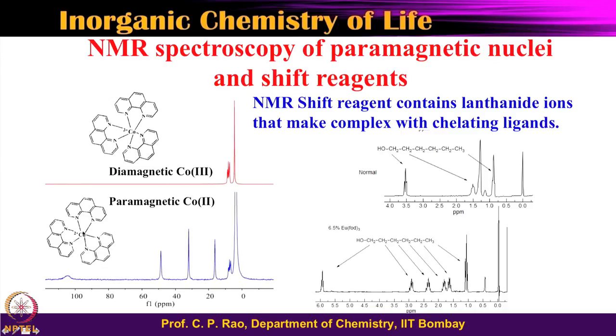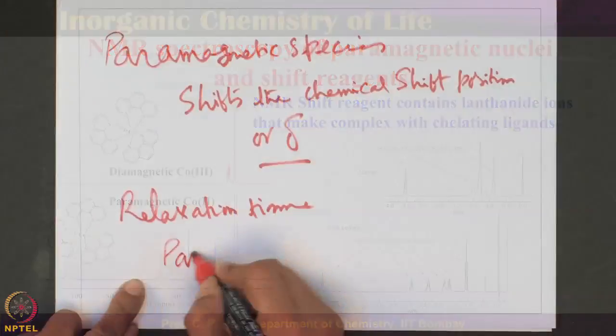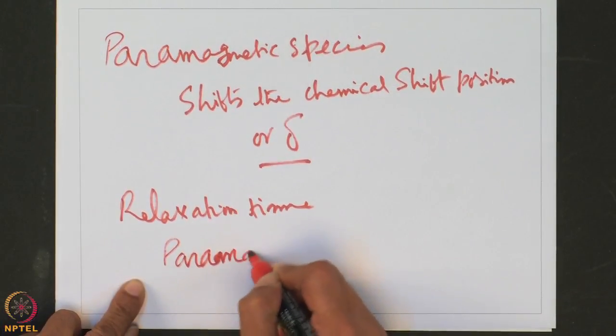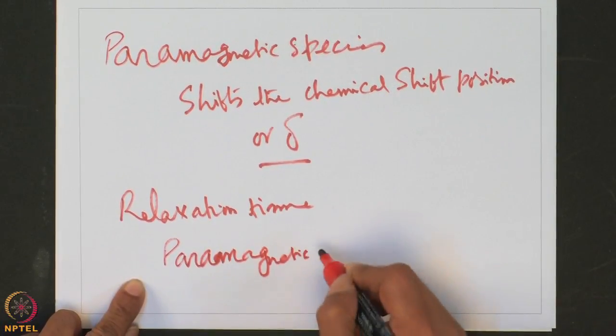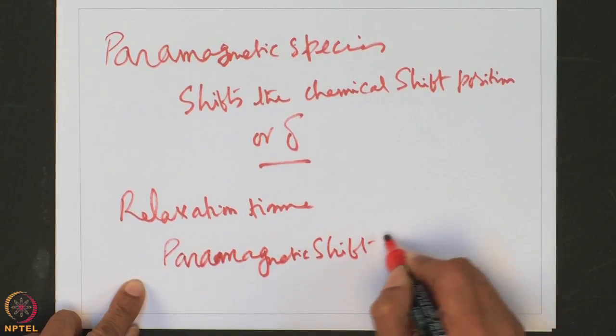The cobalt 2 is paramagnetic. Now you see the same set of peaks have spread to almost 110 ppm. Going from 0 to 10 ppm to 0 to 110 ppm is what is called the paramagnetic shift, or the contact shift.